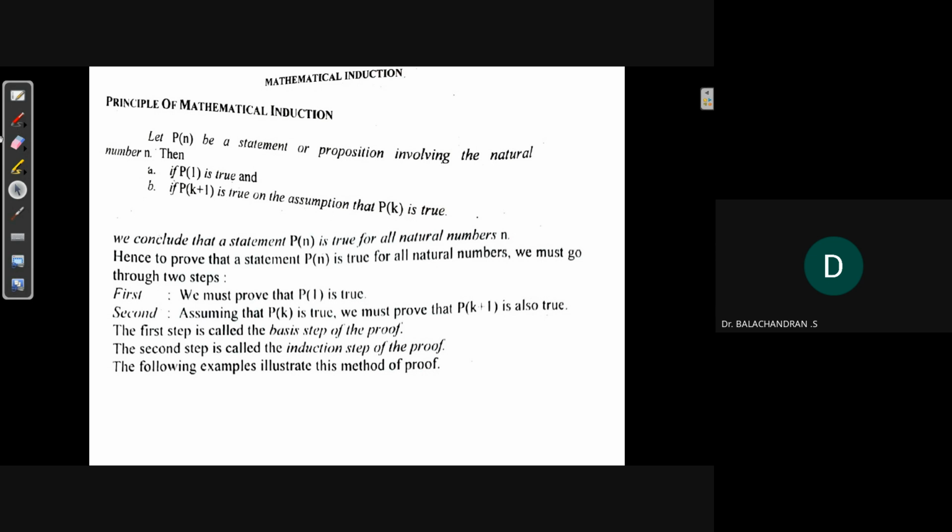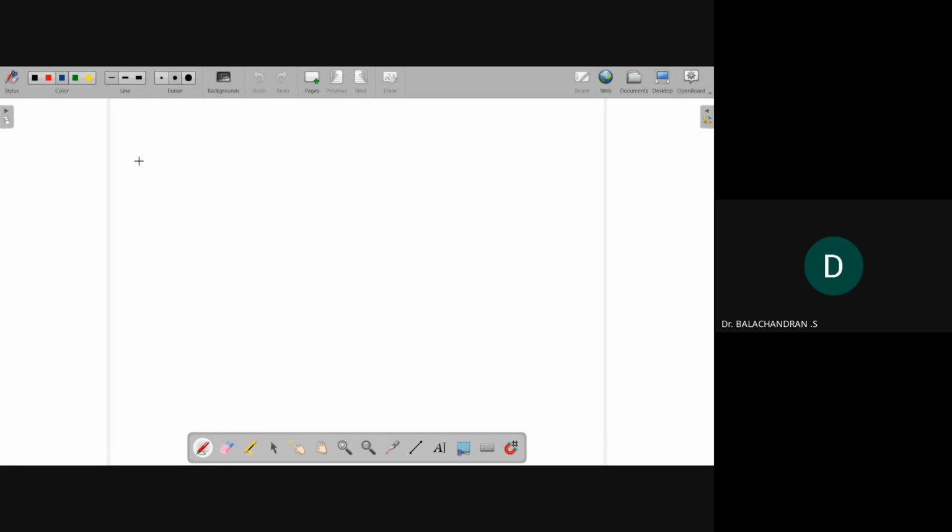Usually we take the given statement as P of n, and we will prove the statement for n equal to 1. We will prove the statement is true, and assume the statement is true for n equal to k.